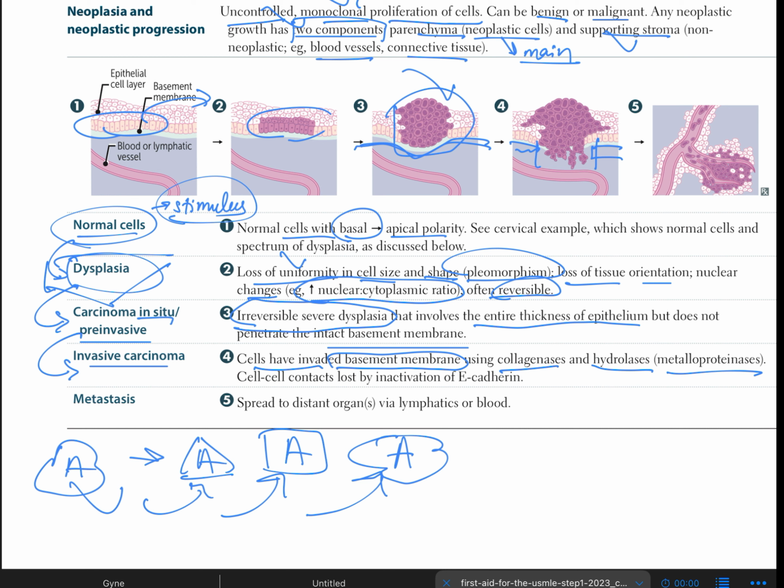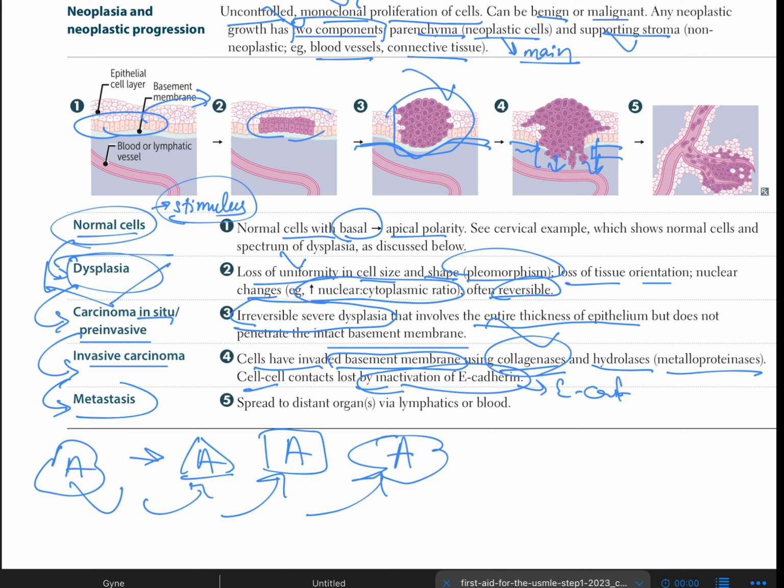You know the basement membrane is made of collagen, and the collagenase enzyme disrupts the membrane, and the cells will invade different parts of the organ and also the blood vessels. It also damages cell-to-cell contact, which is lost by the inactivation of E-cadherins. E-cadherins maintain the cell contact with each other and hold them together, but when E-cadherins are inactive, the cells will spread and invade different sites.